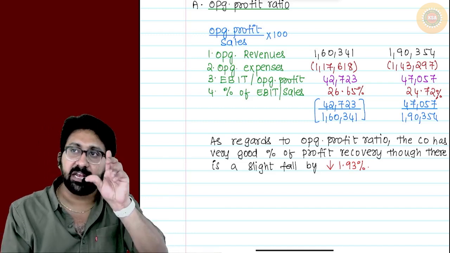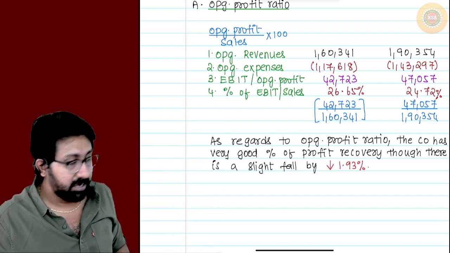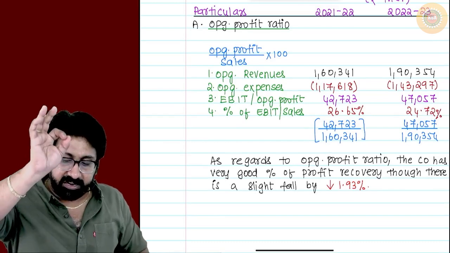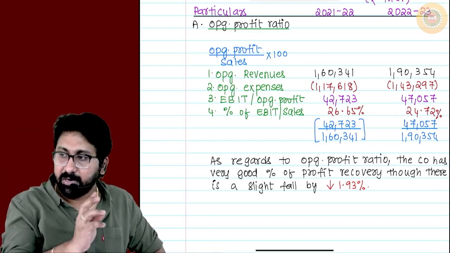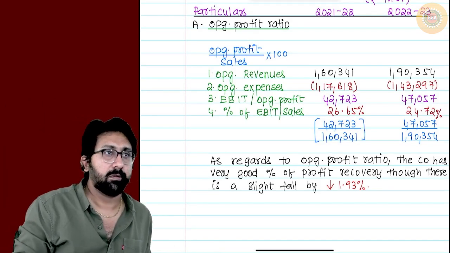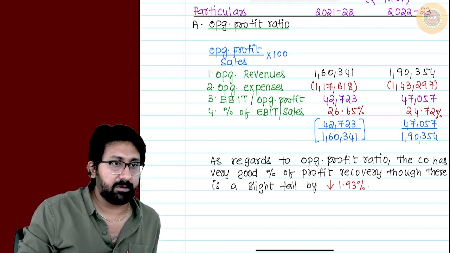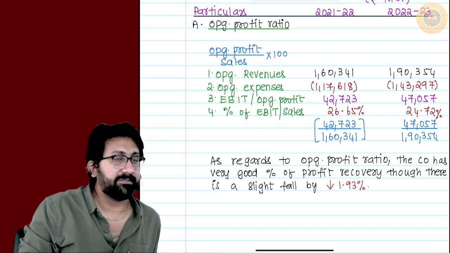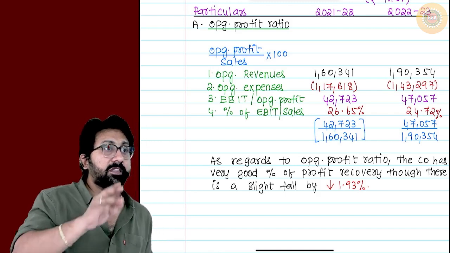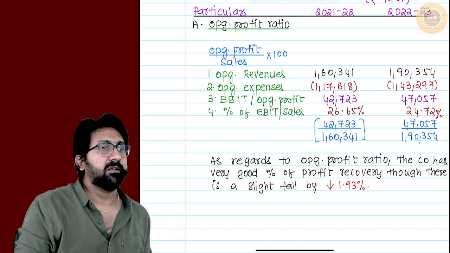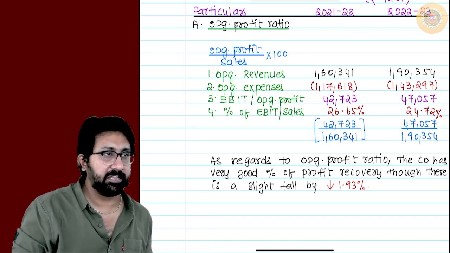So to analytically present this better, you just see the numbers and tell me, take calculator, 117,618 divided by 160,341. 73.35. From this, what you have to understand, for every 100 rupee of sale, how much is going in the form of expense? 73. Next year you calculate.